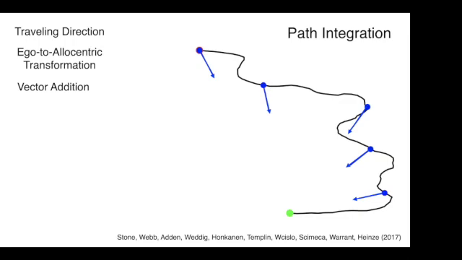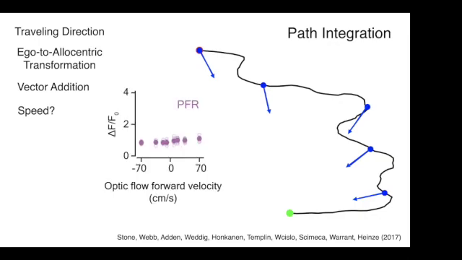So the question is, is this system, what I've talked about, doing path integration? There's evidence that it's not. One is the speed modulation. I mentioned that I was going to talk about angle and not speed. If you look at the speed modulation of this bump, which is very sensitive to traveling direction angle, it's not very speed modulated. So it's as if speed has been left out in this system, and you can't do path integration without incorporating a speed signal. The other thing is that we don't see evidence for integration.